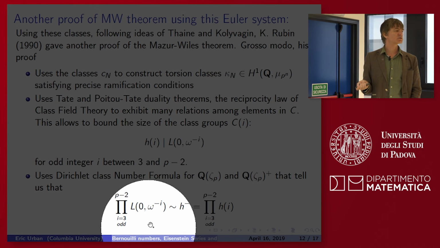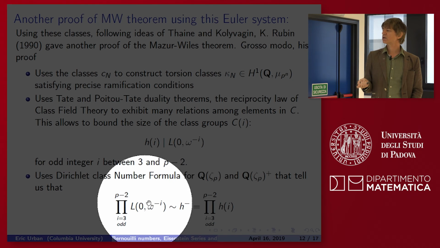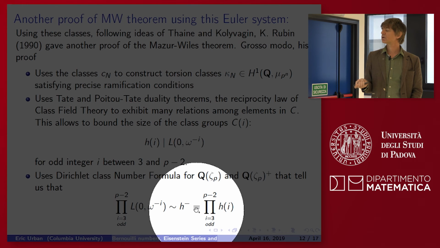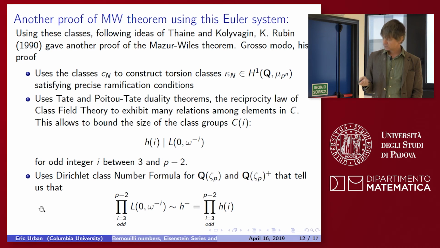In general, it is something that is impossible to obtain directly, like the one for number fields. So it's important to see that if you use Eisenstein congruences and Euler systems, you can find exactly the proof of the Mazur-Wiles theorem.